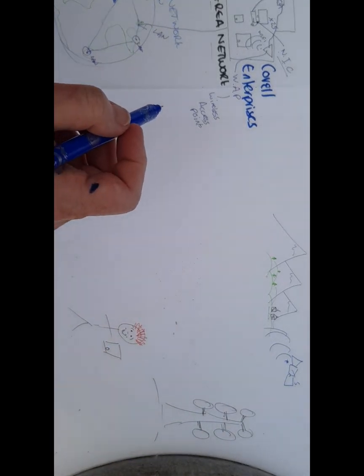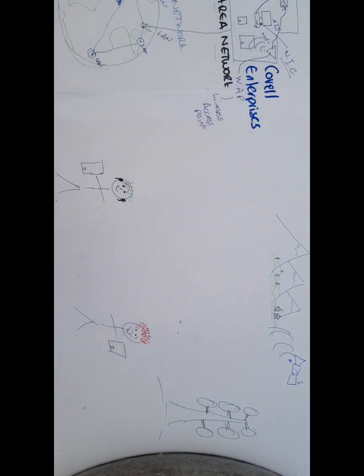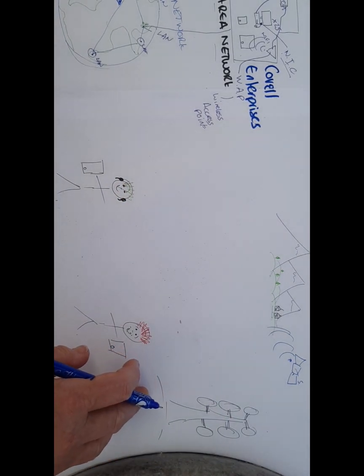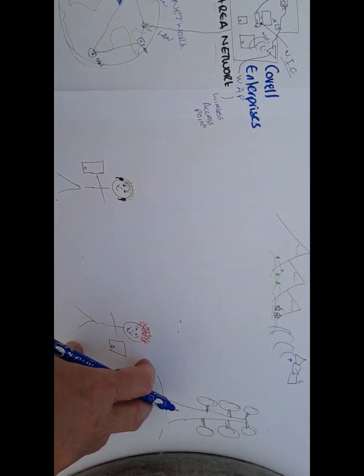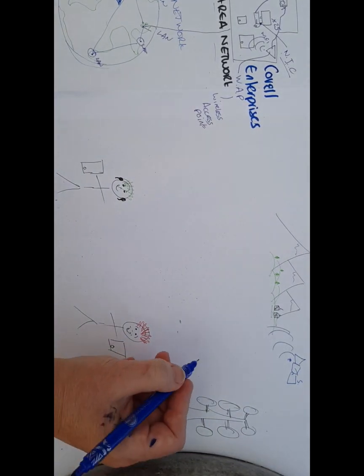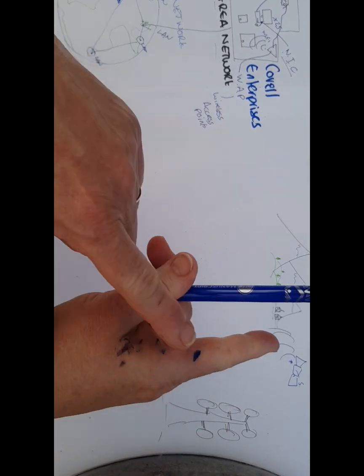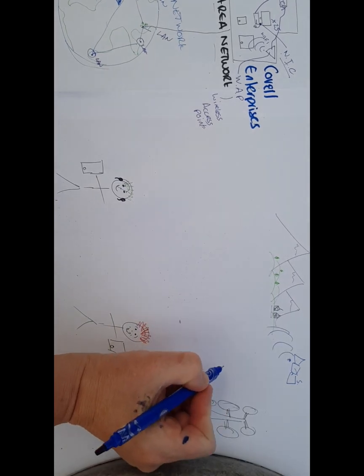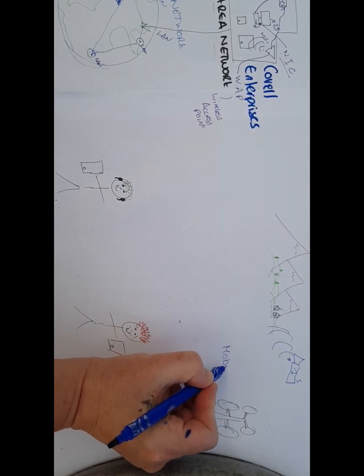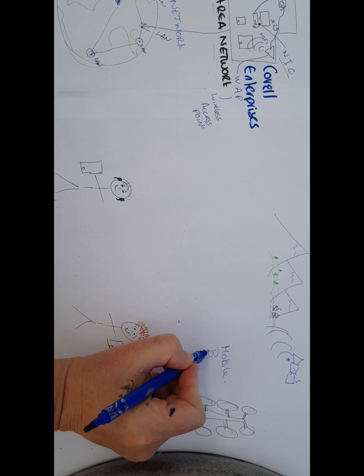Okay, there's a couple more key terms for us to go through. So this amazing drawing over here is a mobile broadband antenna. I've got pen all over me. Oops. I told you I shouldn't have been an art teacher.